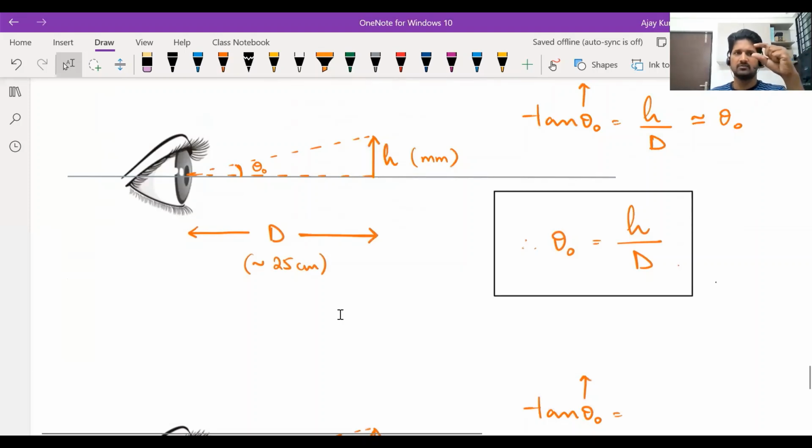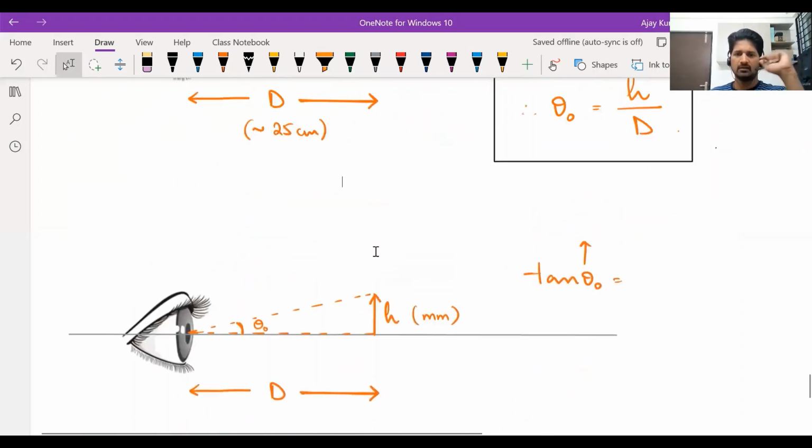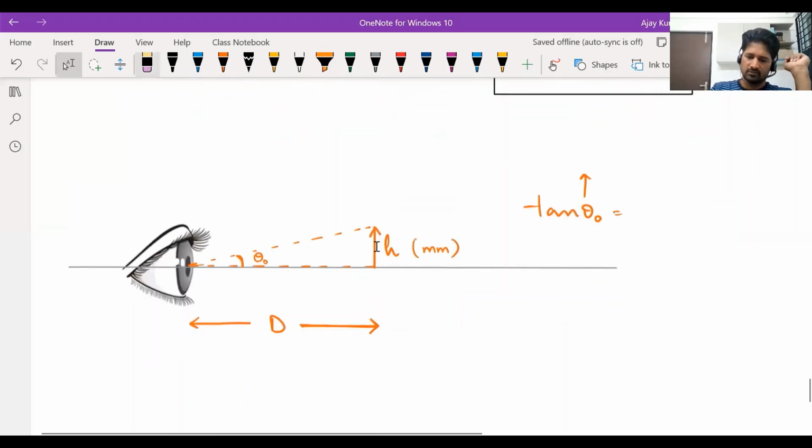At the nearest distance of distinct vision, it appears biggest. Of course, if you bring it further closer to your eye, it will appear even bigger, but you can't see it clearly. We want to be able to see it clearly. So the nearest distance at which you can place it is the near point distance, capital D. And when you place it there, it subtends an angle h by d. Now we want an enlarged image of this.